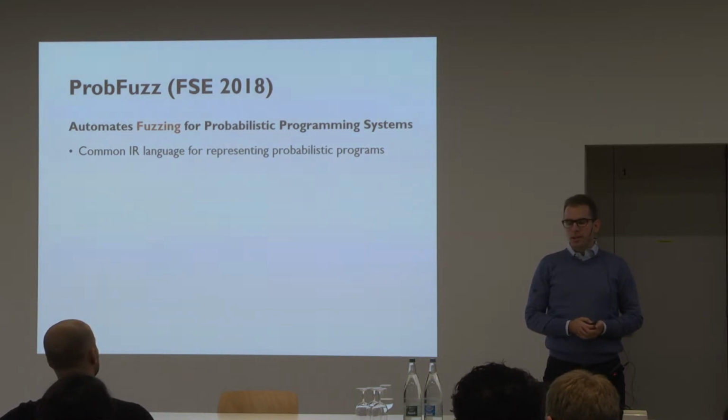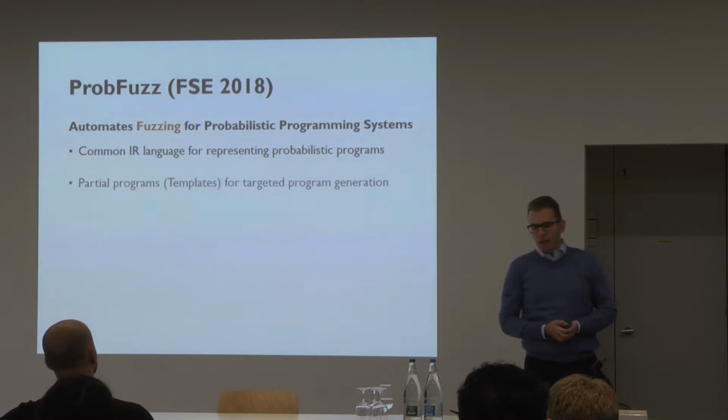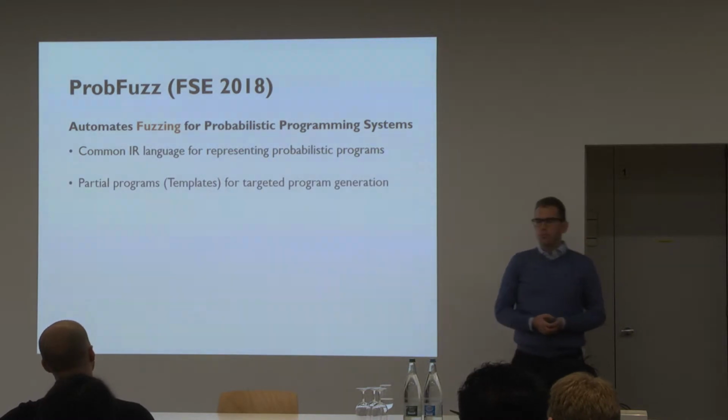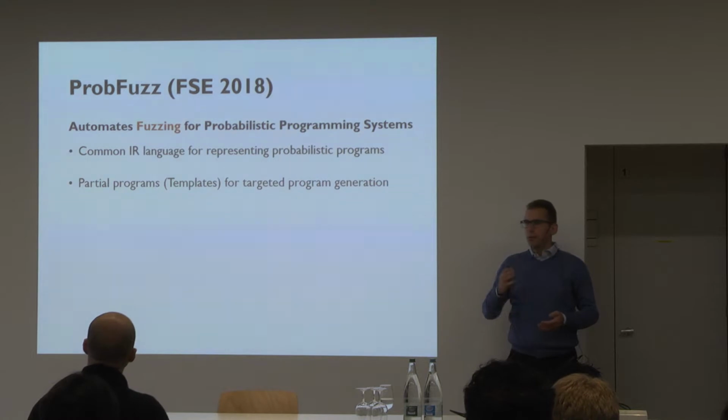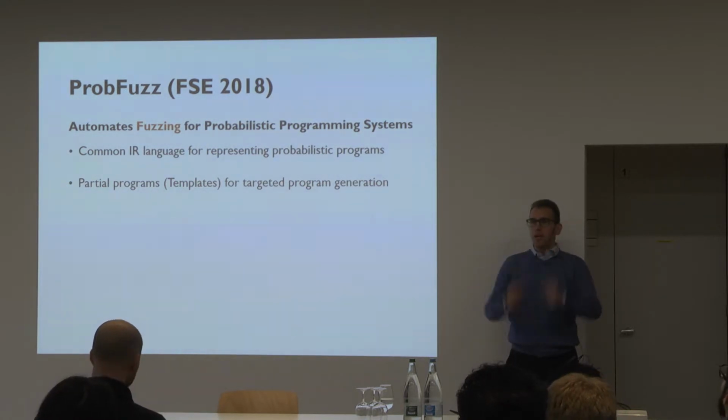What ProbFuzz does is define a common intermediate language for representing probabilistic programs and allow manipulation of their structure. Then it also exposes partial programs, or so-called templates, to the developer, so they can target program generation in a specific way. So if you care about something like linear regressions, or regressions in general, you can write a partial model to specify that this is what you really want to test.